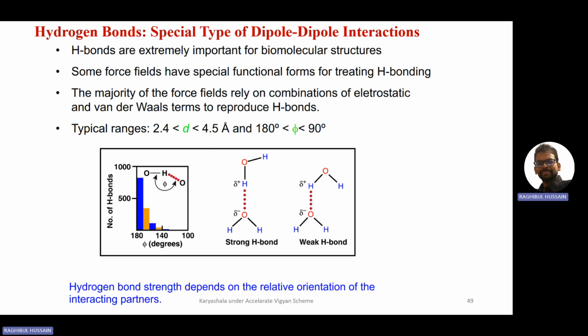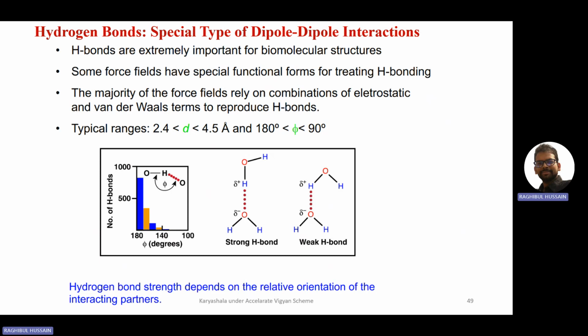Okay, and again, your geometry will play a role in determining the strength of the hydrogen bond. Let's say for this case here, the oxygen is pulling the electron cloud towards itself, so the hydrogen bond strength will be more. But here, this water oxygen position is somewhat different.